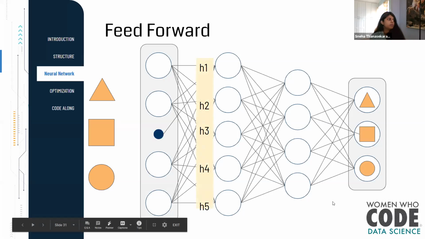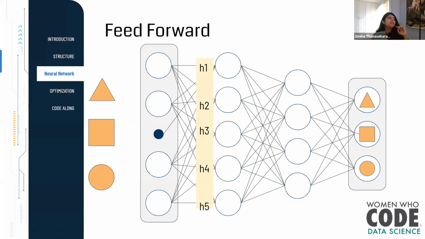Cool. And now we will have random weights and biases assigned to each of these inputs, and it will calculate the respective activation functions. Based on the value of the activation functions, a few neurons would be activated.